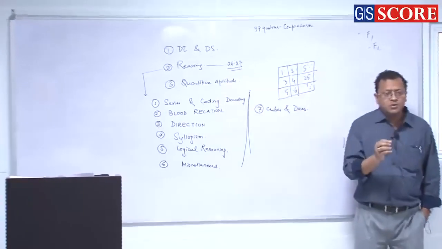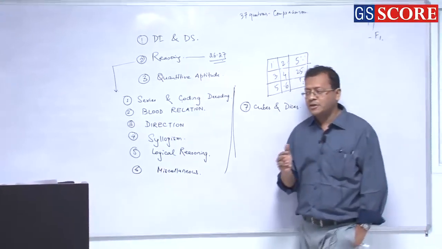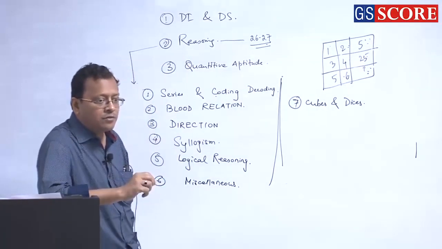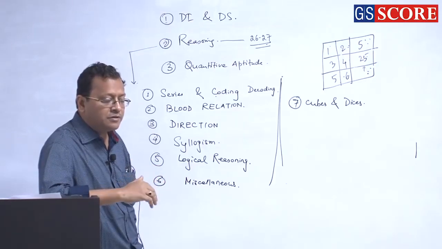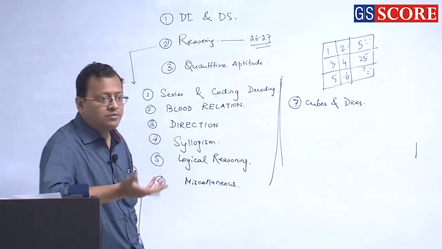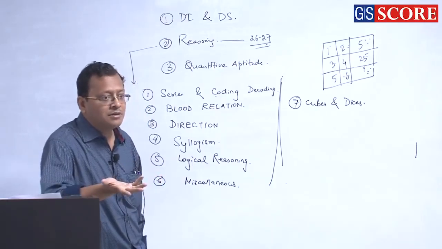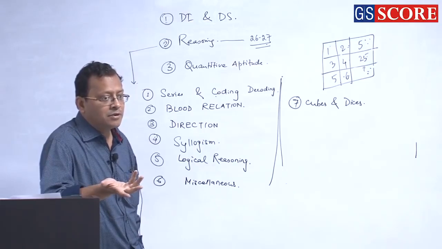It is then cut into 1 centimeter cubes, and then the questions will be asked something like this: how many cubes have only one face painted, how many cubes have 2 faces painted, how many cubes have 3 faces painted, how many cubes have no face painted. The idea can be extended to a cuboid as well. In place of a cube, the cuboid can also come, right?